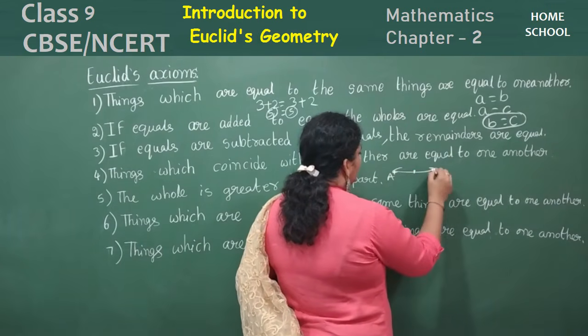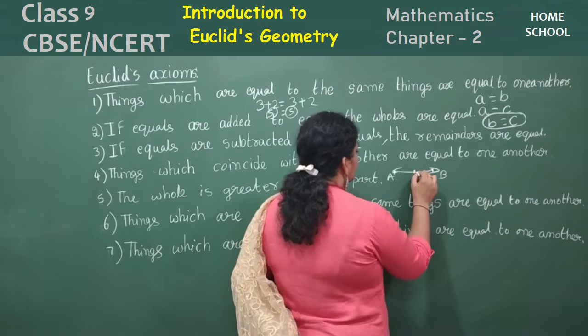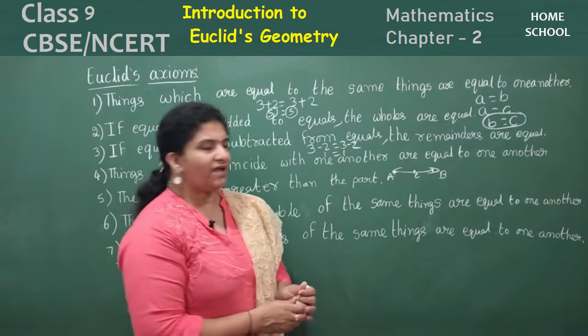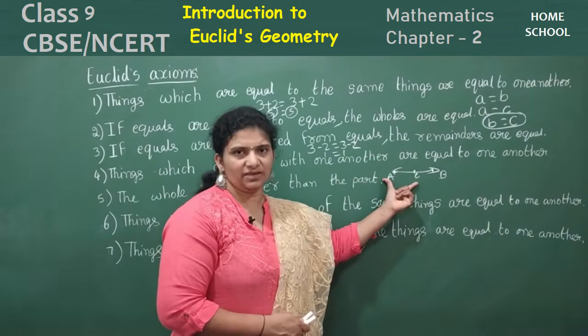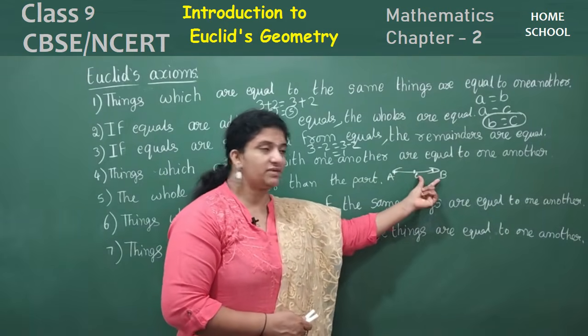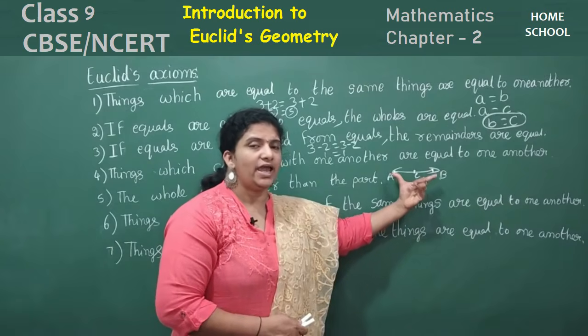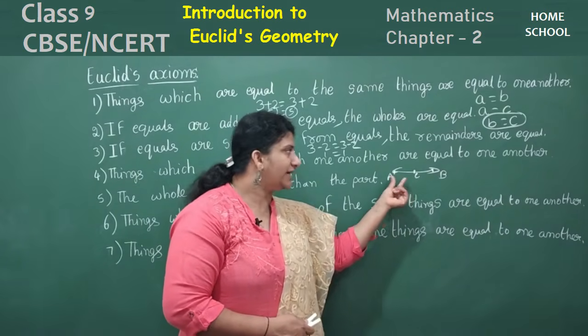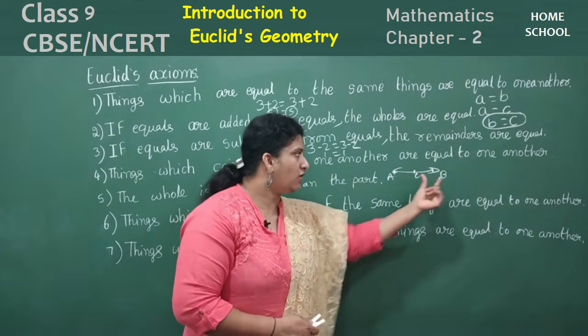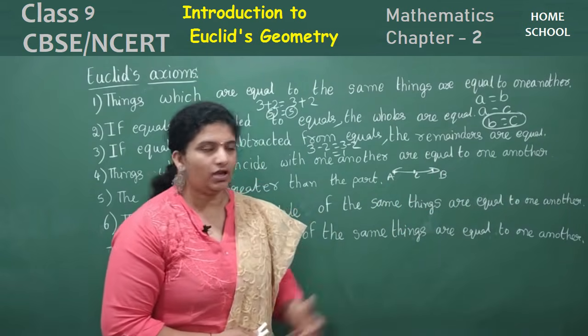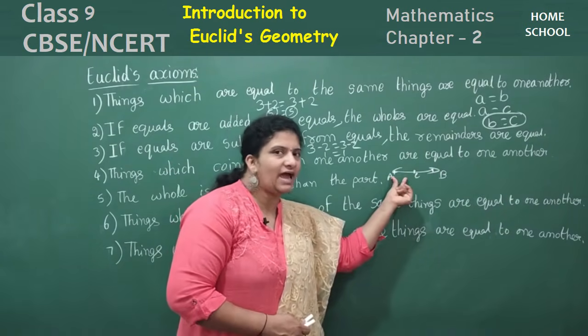This is A, this is B, and I have done here C. So I will say here AC is a part and CB is also a part. AB is a whole, right? AB is always greater than either AC or CB. Whole is greater than part.